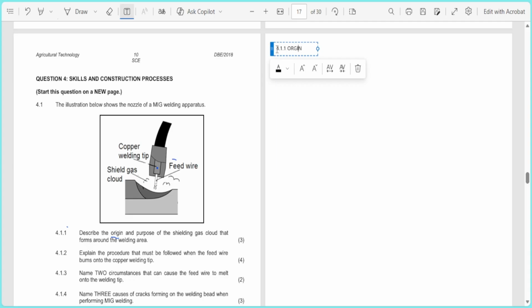The origin is that the inert gas is fed through the pipe and nozzle, and exits through the holes in the nozzle.